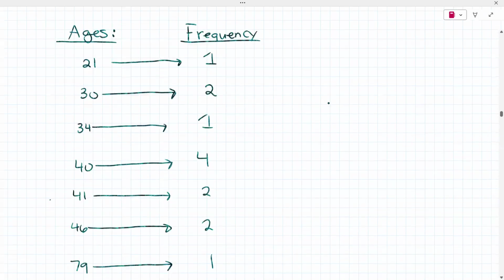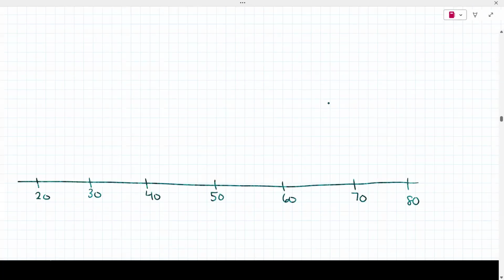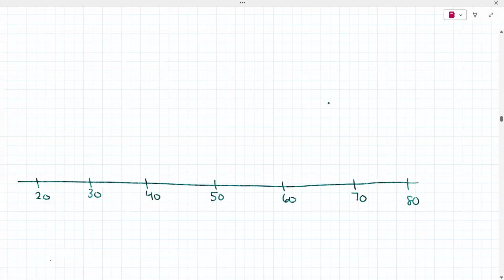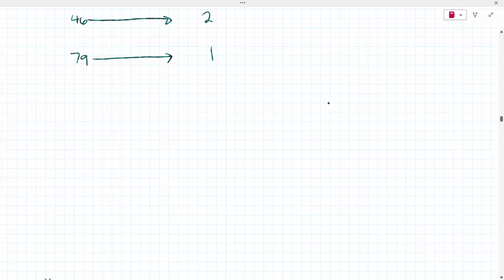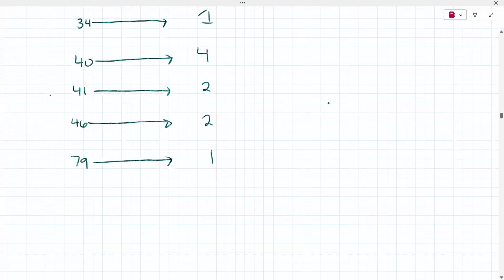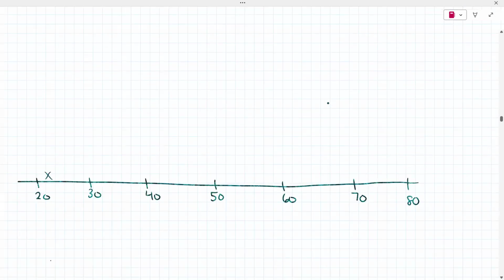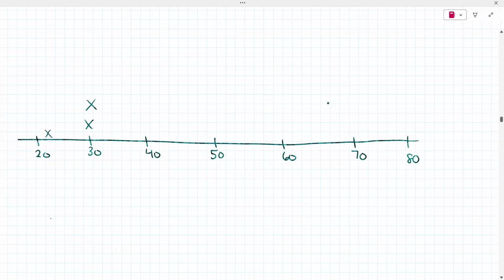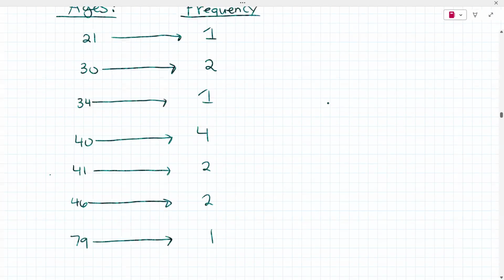Okay, so look at 21. Here's 21, and that has a frequency of 1. So this would be 21 right here. The next one is 30. Right here, this has a frequency of 2, so put 2 X marks. The next one is 34. So here's 35, so 34 should be right there, and that has a frequency of 1.